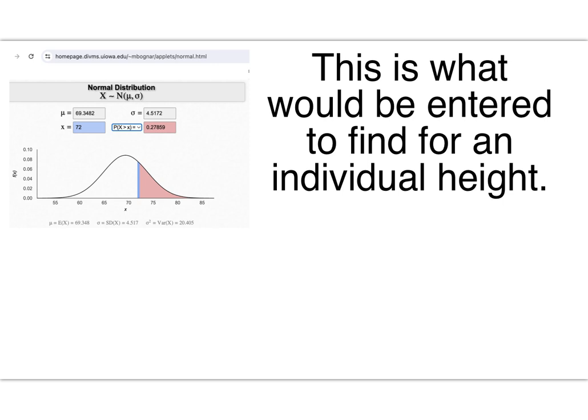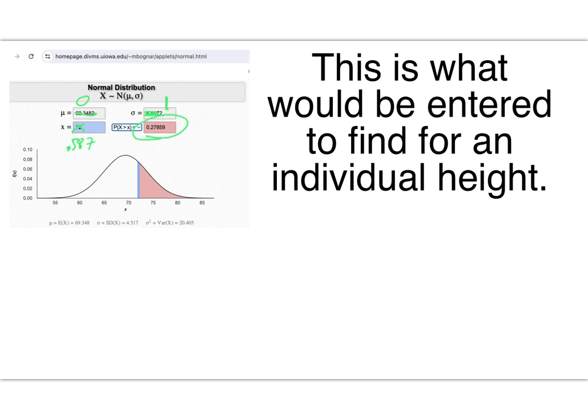So when we enter that information, 72. Now you could have also put in here, either enter this information, or when it comes up automatically, this is 0, standard deviation is 1. Instead of the x of 72, we could have put in 0.587, the z-score that we have, and it would give me this same area.